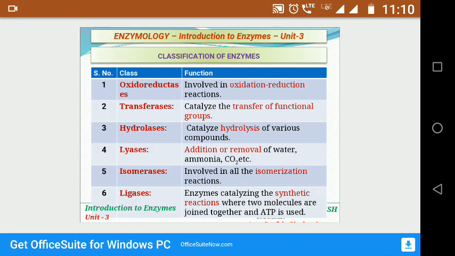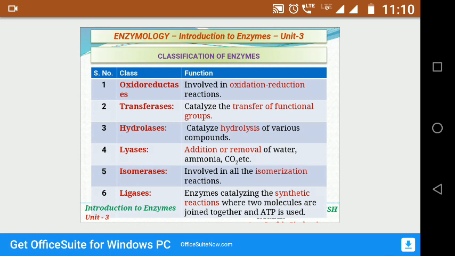And the second class is transferases, meaning they transfer functional groups from one molecule to another molecule. They are called transferases, like group transfers.